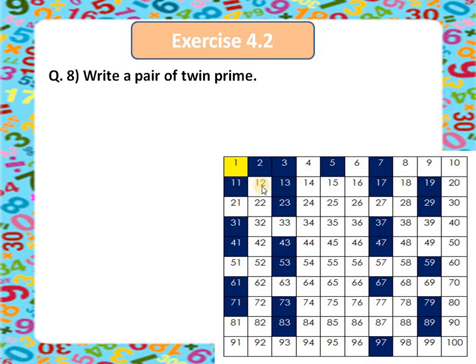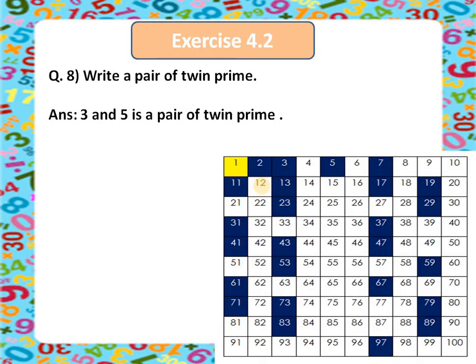So we are going to list out 3 and 5. A pair it has asked. So 3 and 5 we are going to write as a pair of twin prime numbers. If it has asked you for many more, then you can write out 5 and 7, 11 and 13, 17 and 19, not 23, not at all, not this one, 29 also.